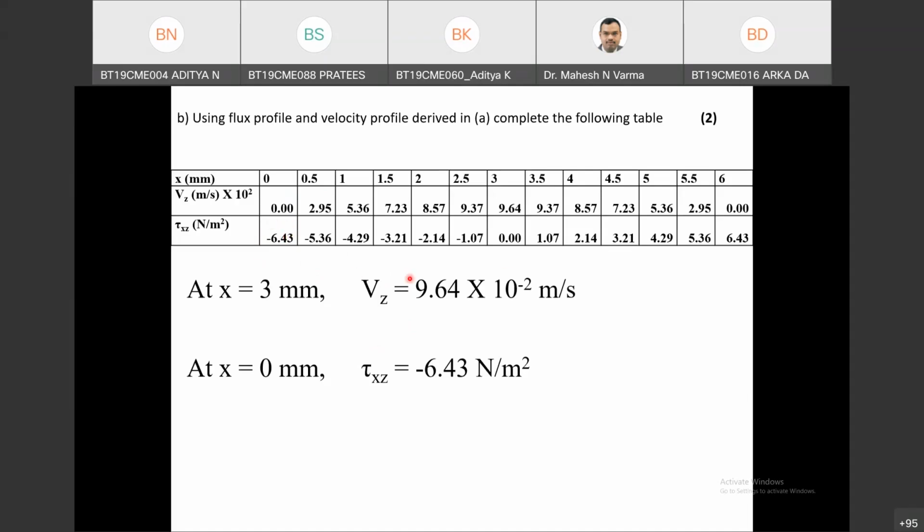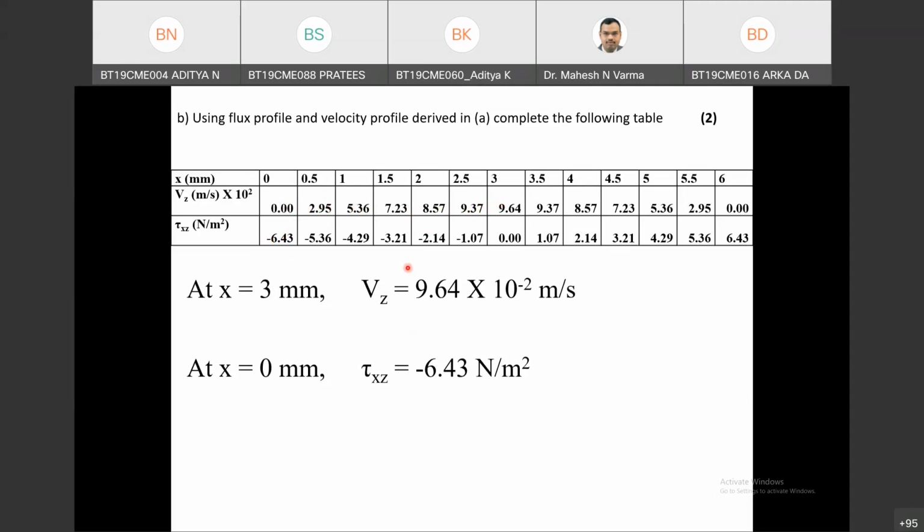Tell me, what is this negative sign indicating? Sir, velocity is decreasing with x. Not decreasing, here it is given velocity is increasing with increasing x.